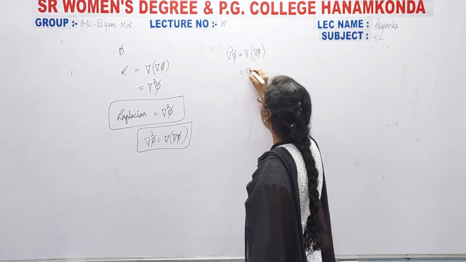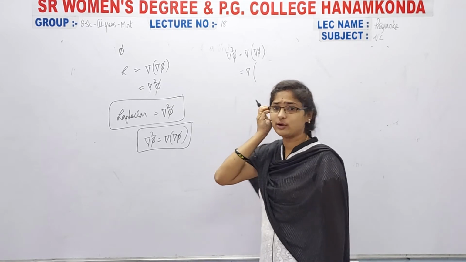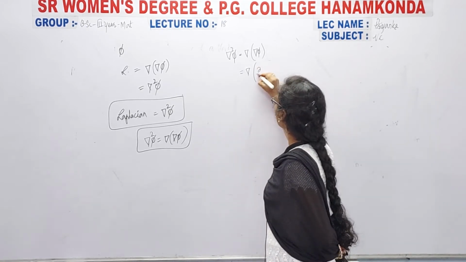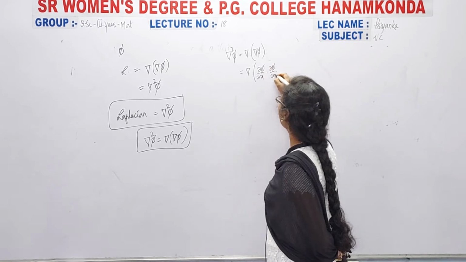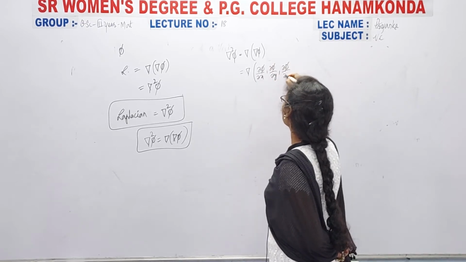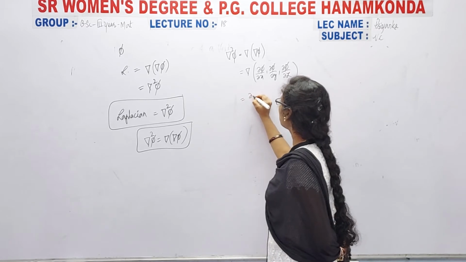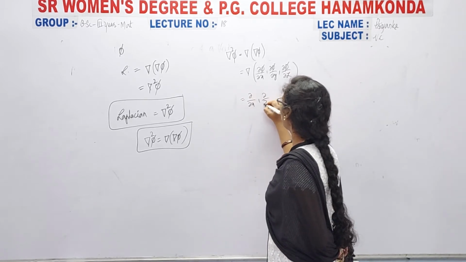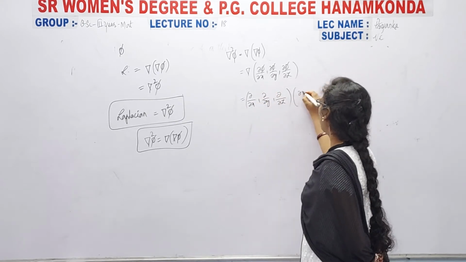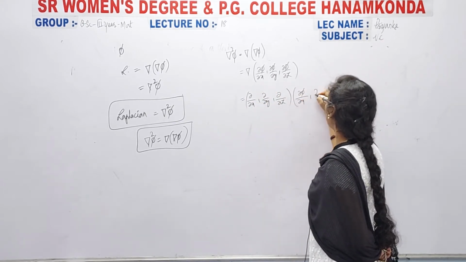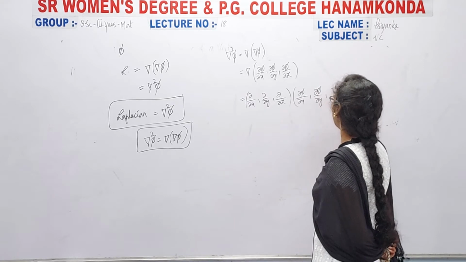So del of del pi means what is the value of del pi? It is nothing but ∂pi/∂x, ∂pi/∂y, ∂pi/∂z. Right, now del means ∂/∂x, ∂/∂y, ∂/∂z of, here what we get, ∂pi/∂x, ∂pi/∂y, ∂pi/∂z.